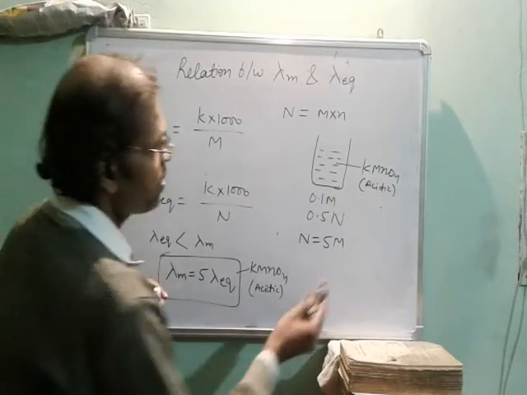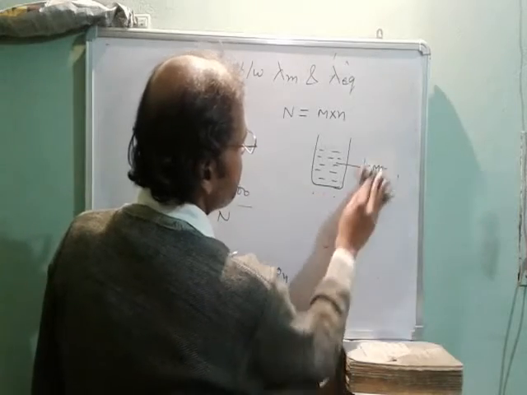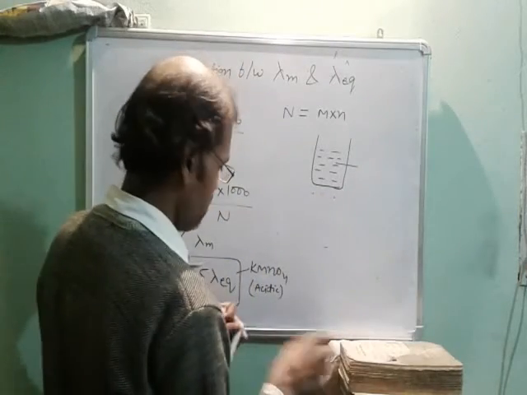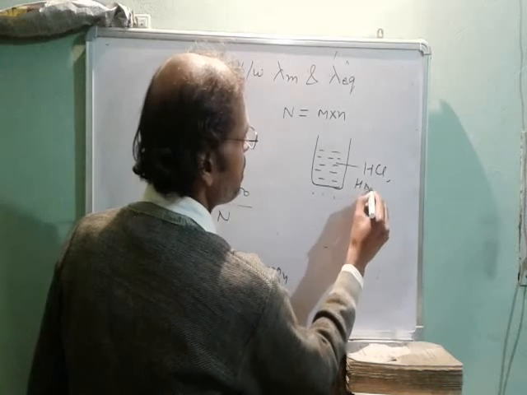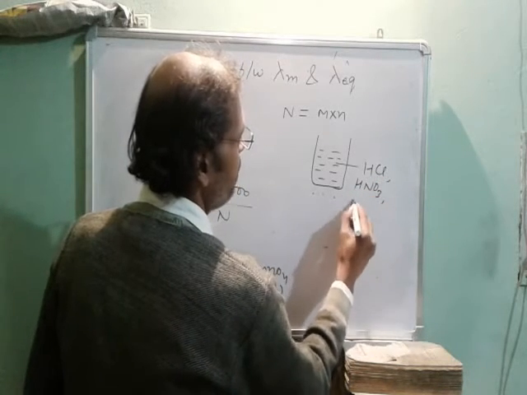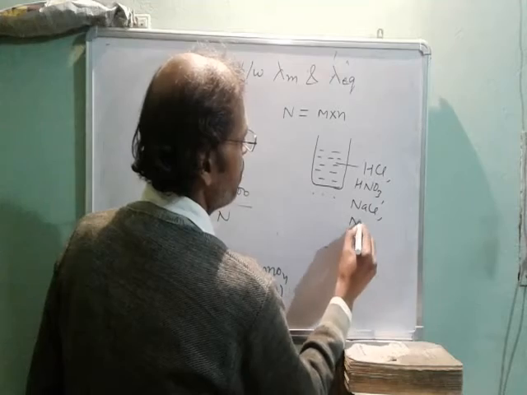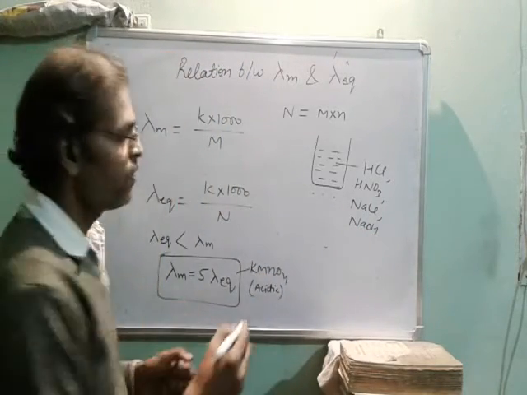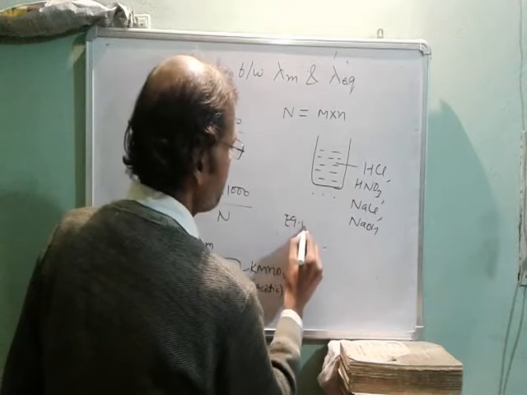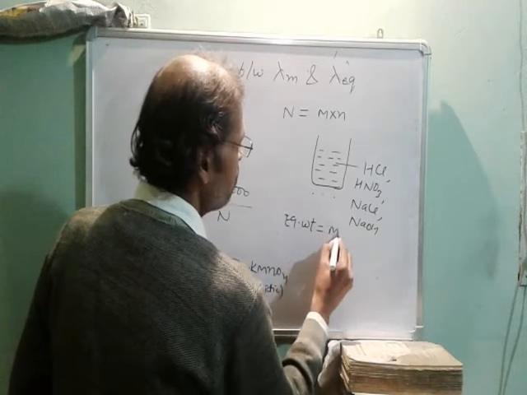Suppose we take solutions like HCl, HNO3, NaCl, NaOH. For such electrolytes, the value of equivalent weight will be equal to molar mass.